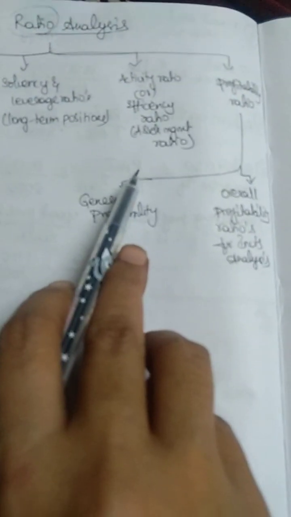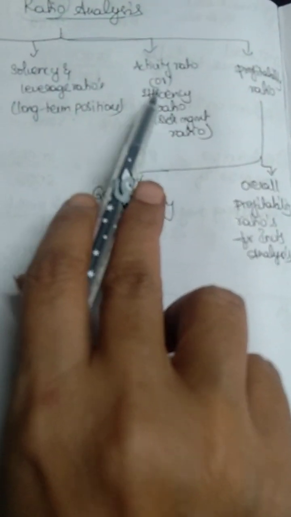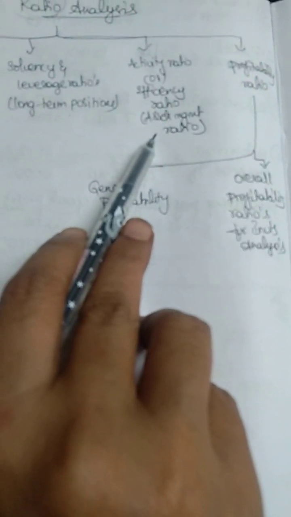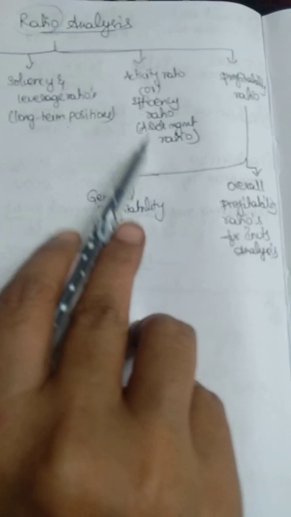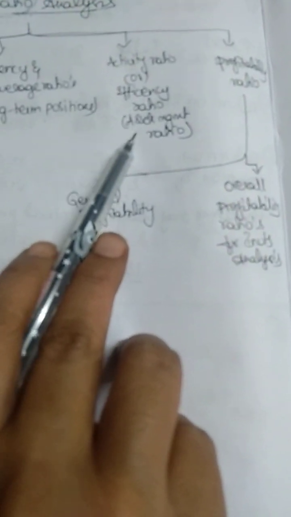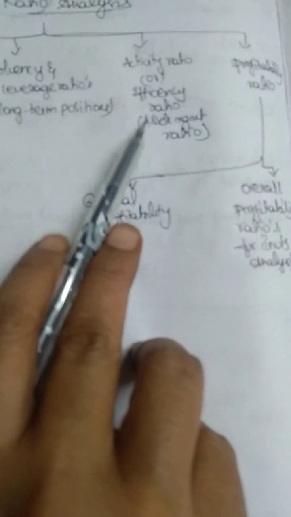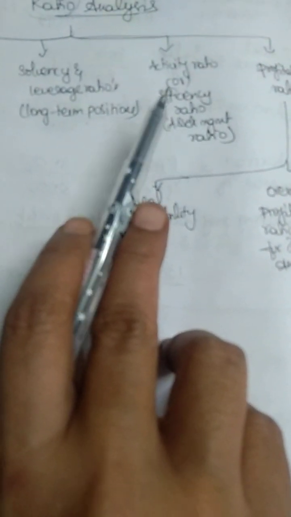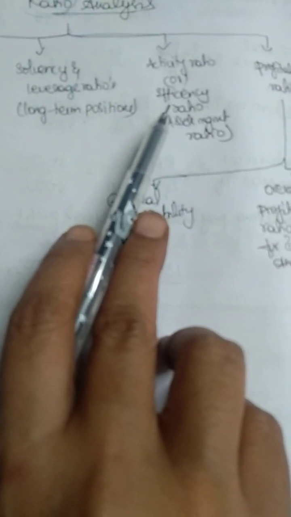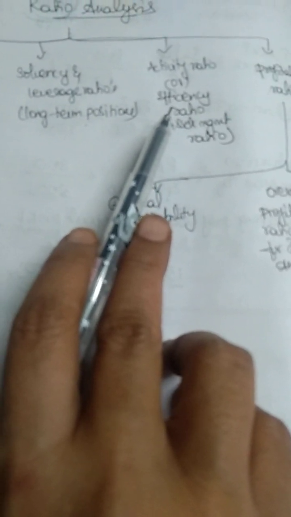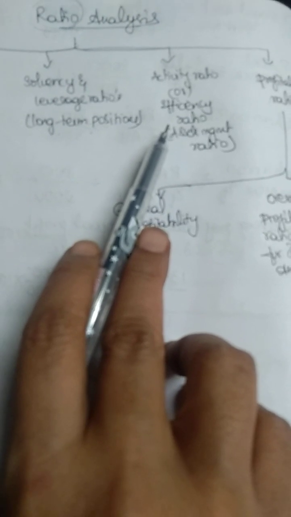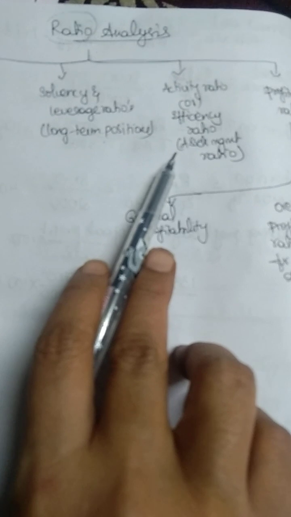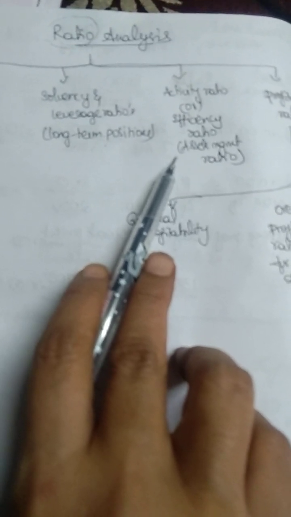The next, third category is your activity ratio, also called efficiency ratio, and also called asset management ratio. This mostly covers stock-related data, or, if I am selling goods on a credit basis, in how many days I can get my amount back, as well as the same for dealing with creditors.